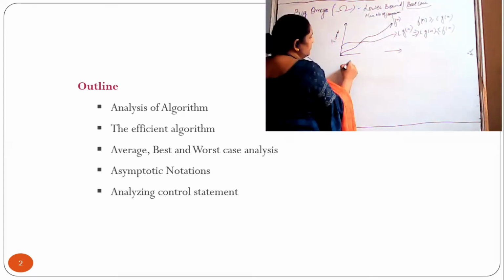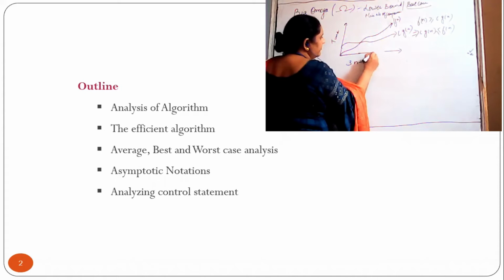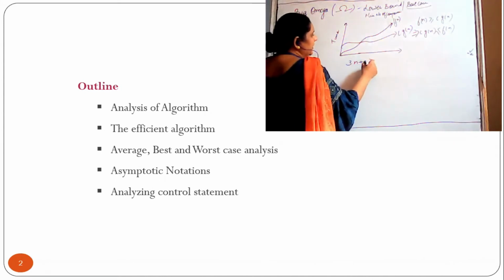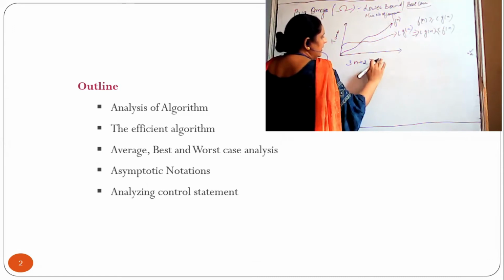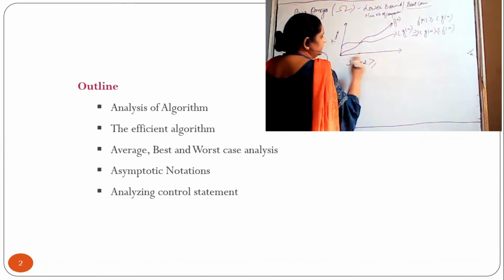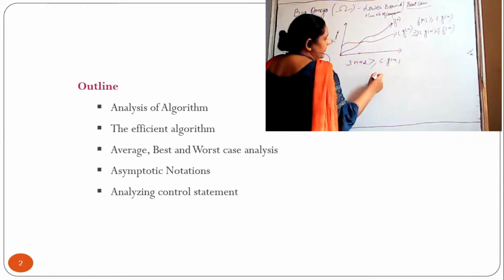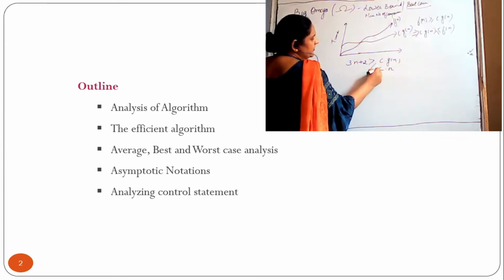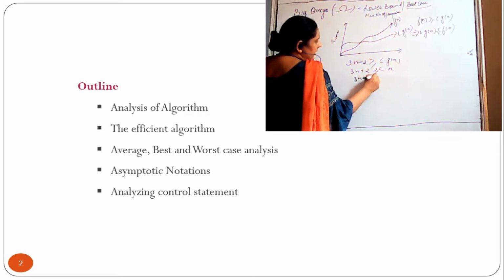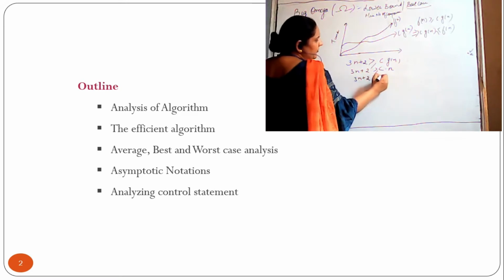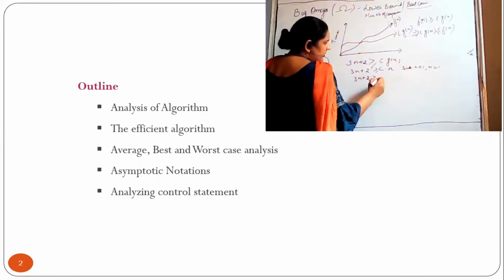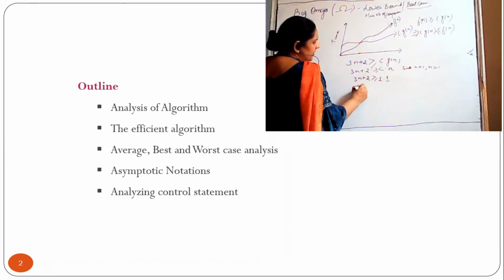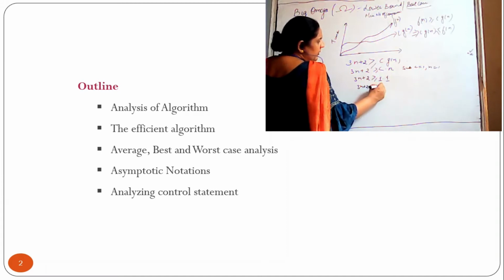For example, 3n plus 2 should be greater than C of g(n), where n is my n and c is any constant value which is going to be multiplied. So 3n plus 2, if I substitute c as 1 and n as 1, 3n plus 2 is going to be greater than 1.